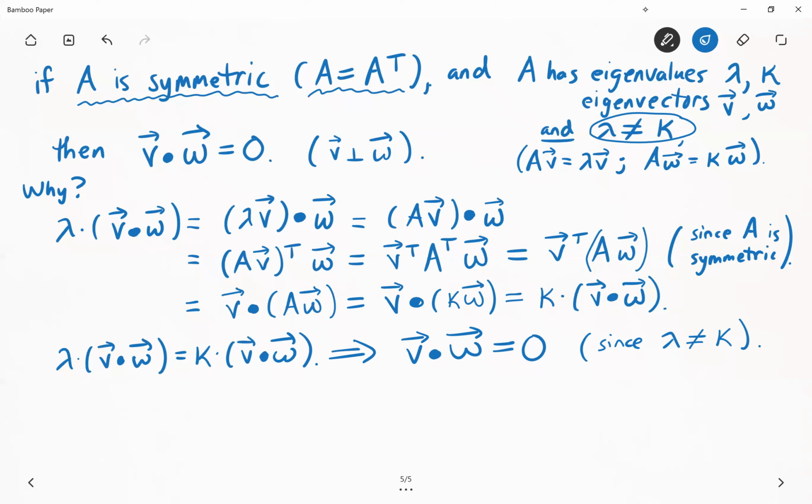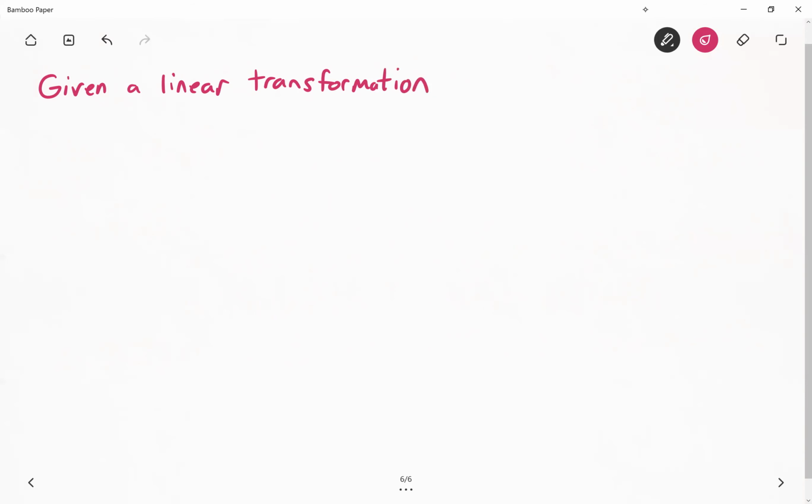To see why, now we're going to talk about something which seems a little bit unrelated, but it's going to tie back in with what we were doing before. Switching colors again, because this is going to feel like a different thread in the conversation. Let's say we're given a linear transformation, some kind of a function with linearity properties.